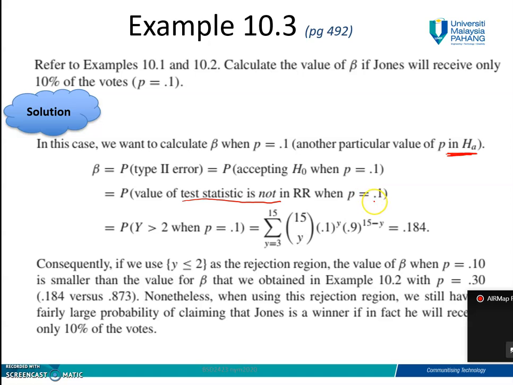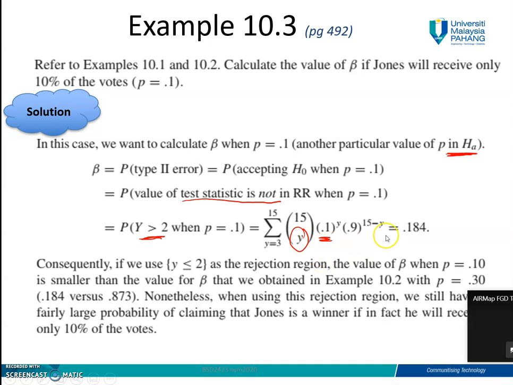When P equals 0.1, you still have Y greater than 2, because for the type 1 error the rejection region is Y less than or equal to 2. So you still have Y equal to 3 until 15, but instead of P 0.3, now you have P equal to 0.1.